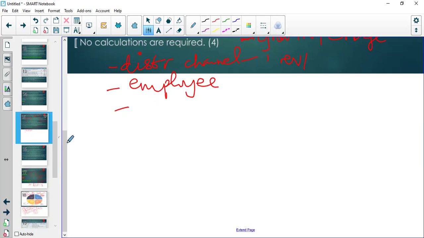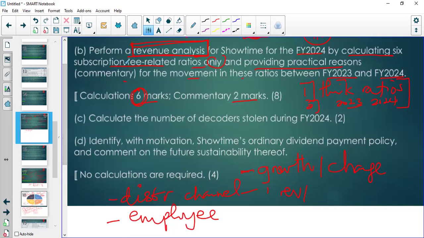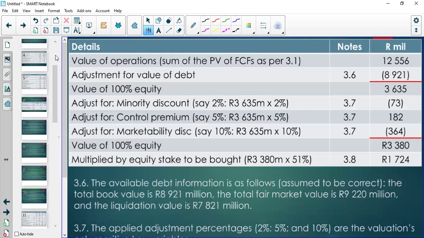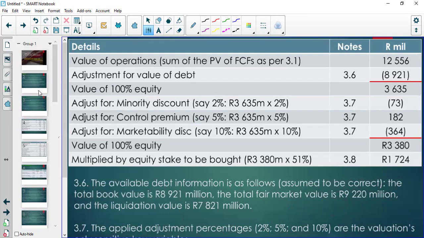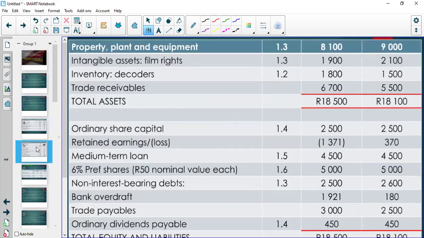But this particular question, if you look at it, says subscription fee related ratios only. So they have to be related to the subscription fee. There's a lot of things we would have done in revenue analysis, but we are being restricted to subscription fee related ratios. So let me try to show you what options you had in dealing with this.